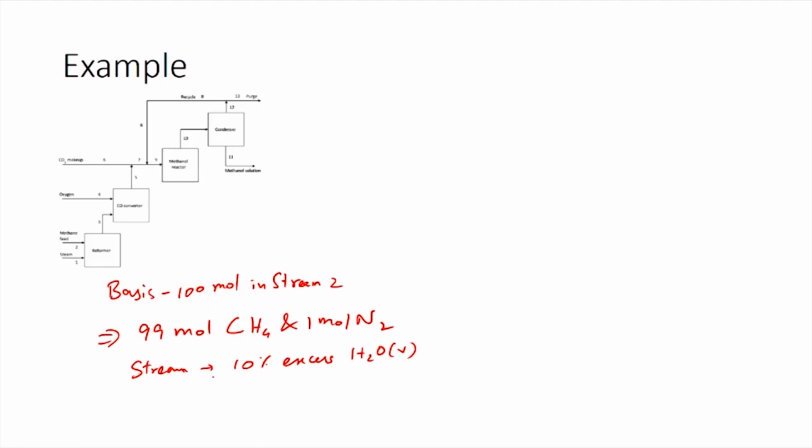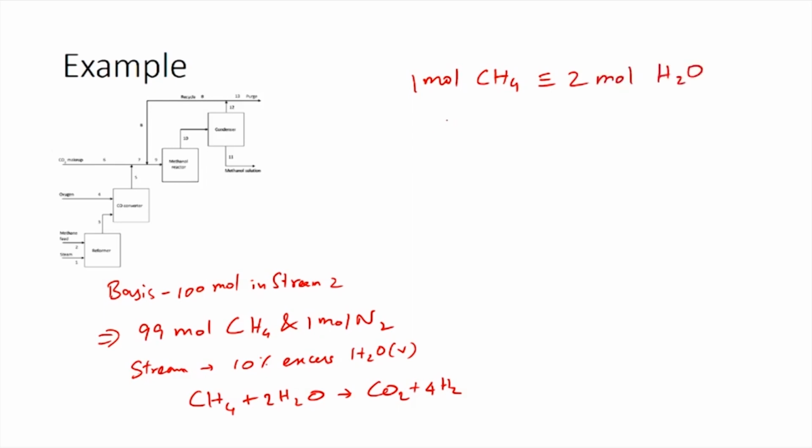So, we can calculate the requirement for water vapor based on the reformer reaction. The main reformer reaction was given as methane plus 2H2O gives CO2 plus 4H2. So, this means for every mole of methane fed, you require 2 moles of water vapor or steam. So, here 99 moles of methane is fed, which means 198 moles of steam is required.